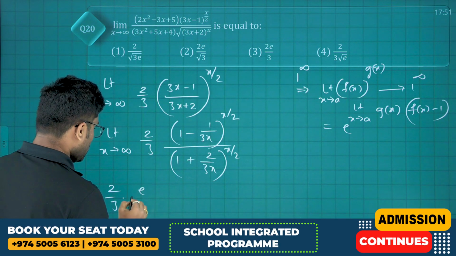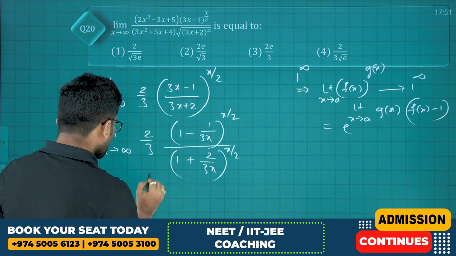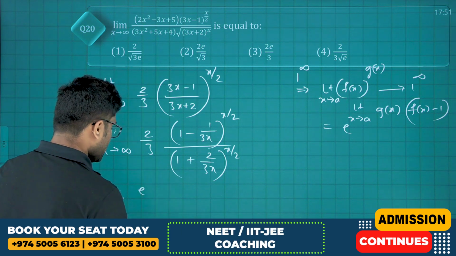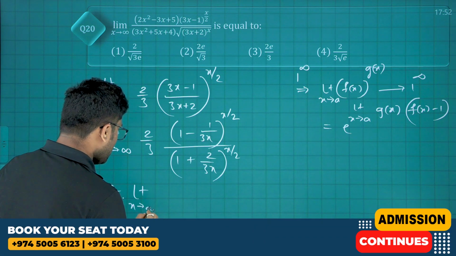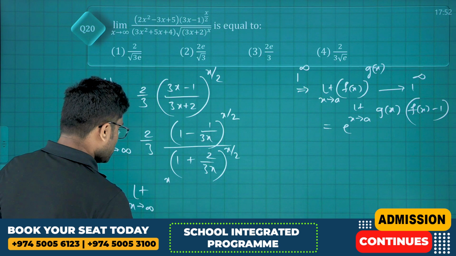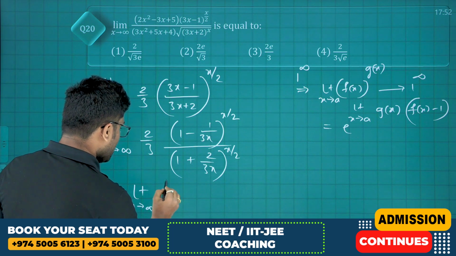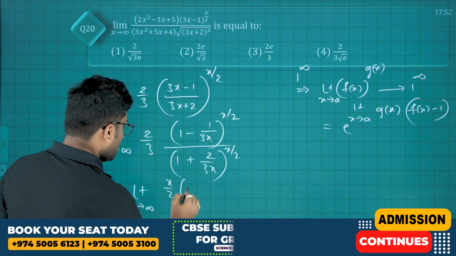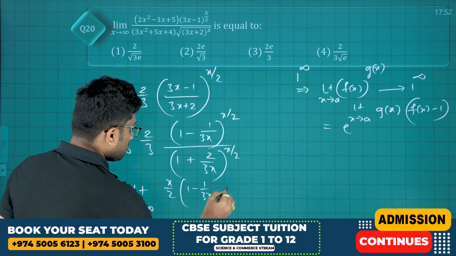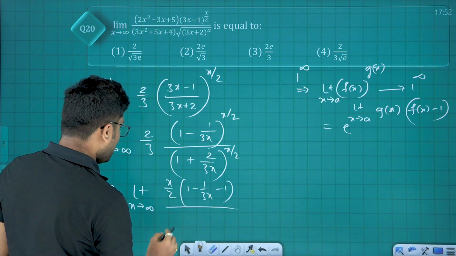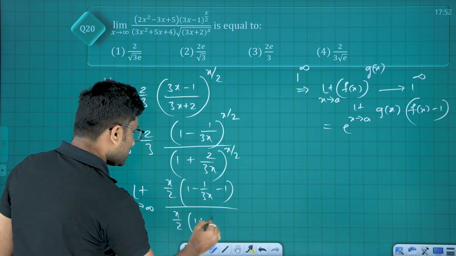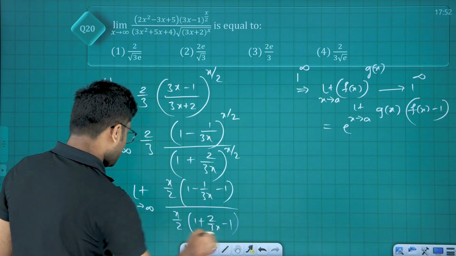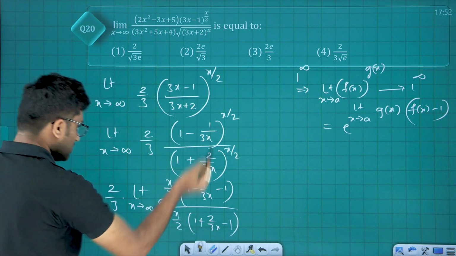So 2 by 3 into e power, I am writing the limit here together, limit x tends to infinity. So e power numerator will be x by 2 into 1 minus 1 by 3x minus 1, divided by x by 2 into 1 plus 2 by 3x minus 1. It's completely e powers.